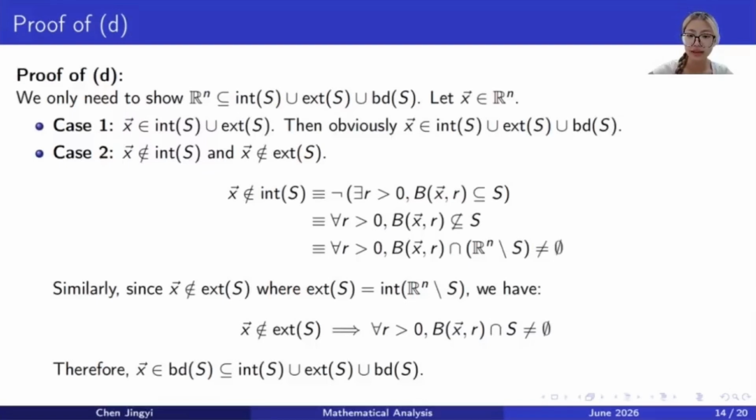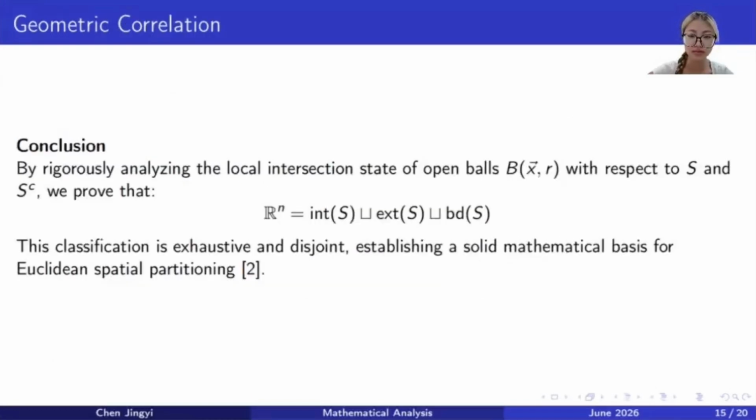Therefore, we can say X is inside boundary of S, which is also inside interior S union exterior S union boundary S. So finally, we prove that Rn is equal to the collection of interior S and exterior S and boundary S, and they don't have any overlaps.